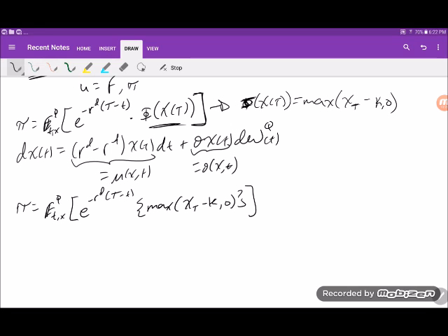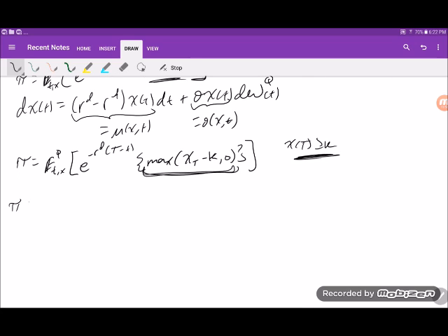Okay, let's take this and split it up, under the idea that this is basically greater than 0 when X_T is greater than K. We can use that idea along with indicator functions to split it up like this.